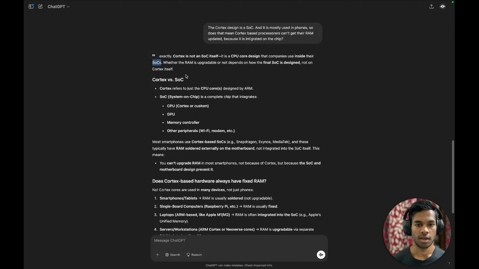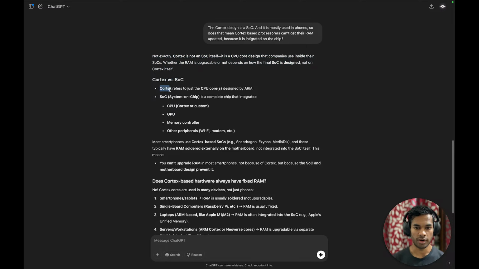People can use it to integrate cores onto the chips, and they can decide on their own where to integrate the RAM. Whether the RAM is upgradable or not depends on how the final SoC is designed.